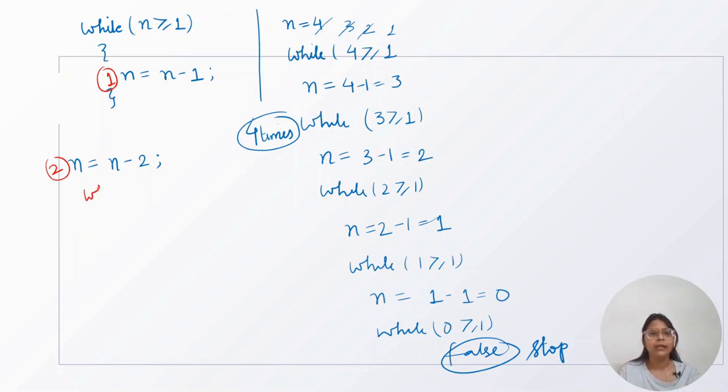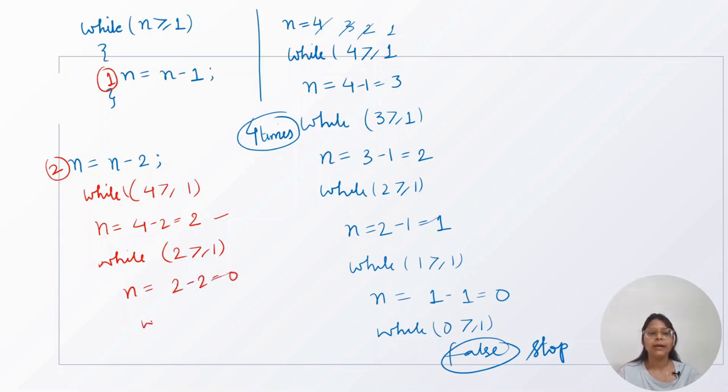Let's see. While 4 is greater than or equal to 1, the condition is true. n will become n minus 2, means 4 minus 2. It will become 2. The condition is true. Now check for another value. 2 is greater than or equal to 1, the condition is again true. So you will do 2 minus 2 equals 0.